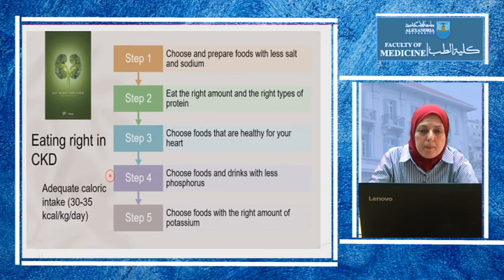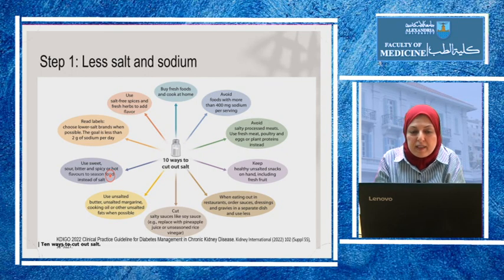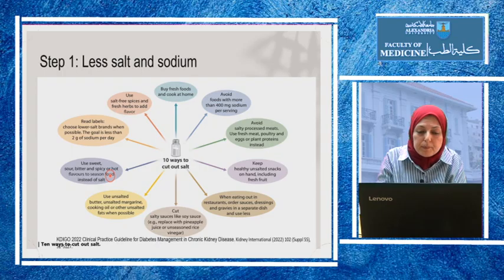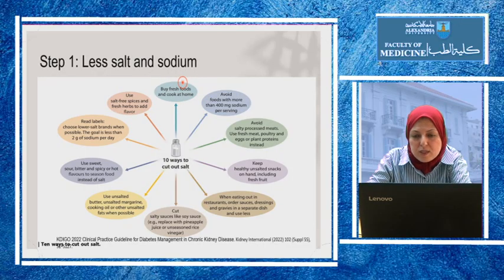So actually prescribing a healthy diet in chronic kidney disease is a bit more difficult than in diabetics or in hypertensives. We're going to talk about some of these rules. So for example, we tell the patient don't eat salt, but actually we should give more precise recommendations to buy fresh foods and cook at home with less salt.